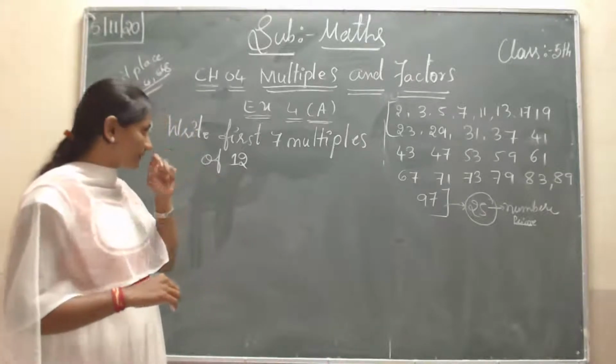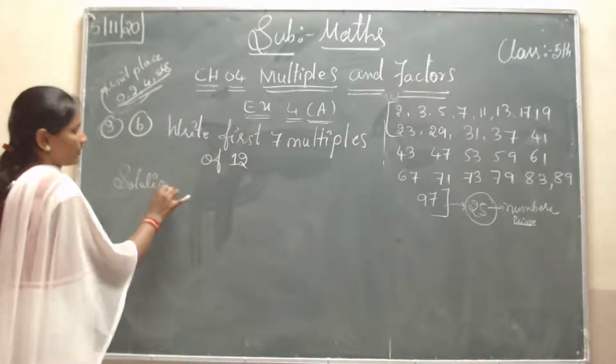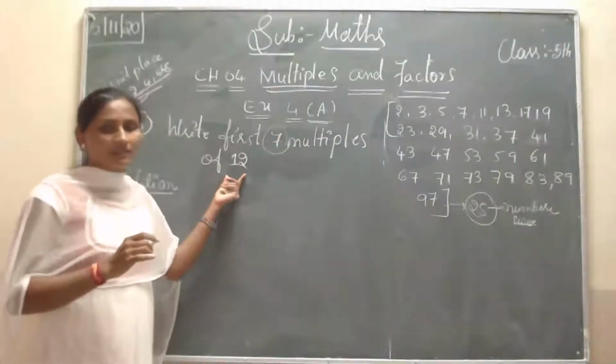So first we have to write the solution. How many multiples, students? That is 7 multiples. What is the number? That is 12.